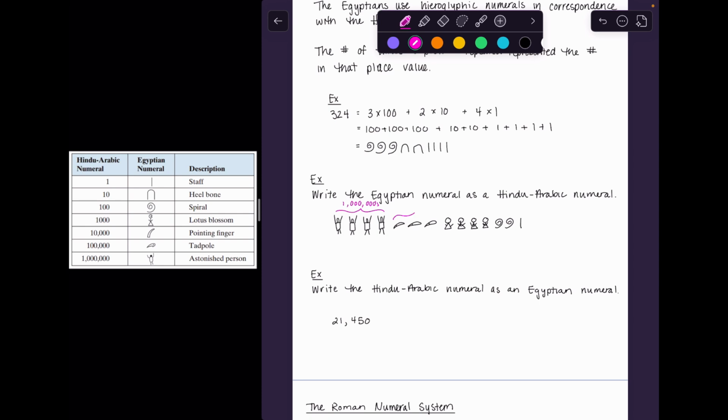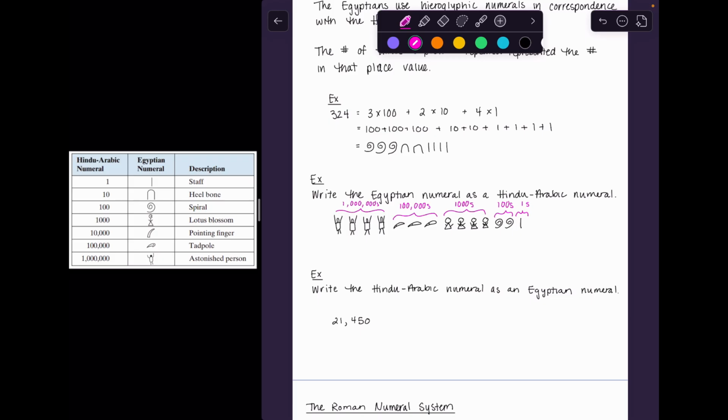My next symbol is that tadpole. These are how many 100,000s I have. Next figure is my lotus blossom. This is the thousands position. The spirals are the hundreds. And then we jump right to the staffs, which are the ones.